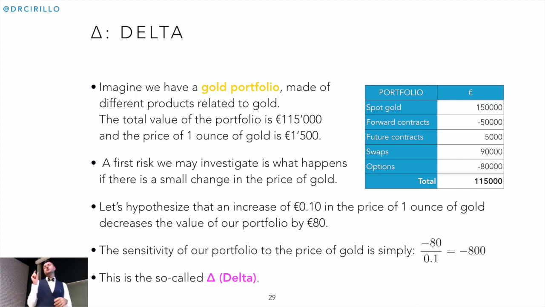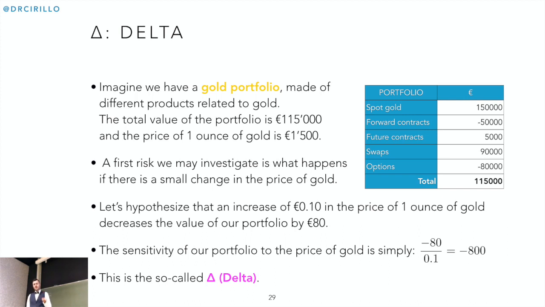So if I want to understand how sensitive my portfolio is to this small variation, I just take the ratio of minus 80, because it's a decrease in the value of the portfolio, over 0.1. Do that, minus 800, that's the value. That's the delta. Nothing more, nothing less. So the delta is, for this portfolio, minus 800.